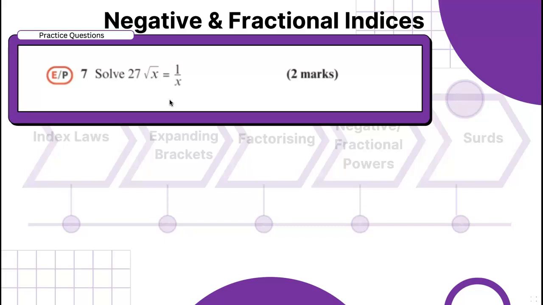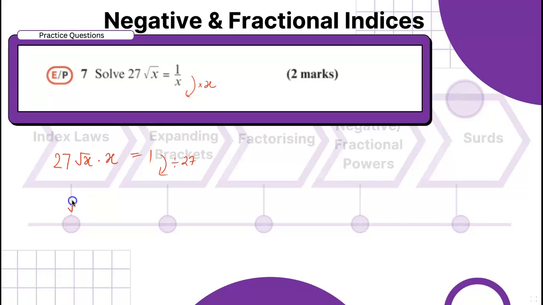The last question, we have to solve it for x. Okay. So let's do one thing. First of all I'm going to be multiplying it by x. So it would be 27 root x times x, that is equal to 1. Now let's divide by 27.